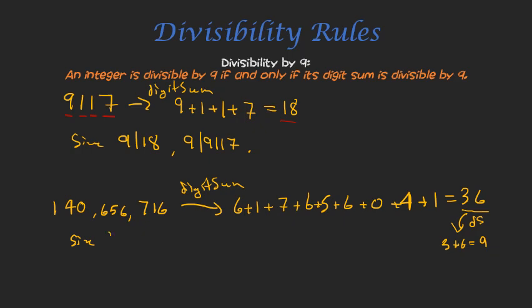And so since 9 divides 9, that one's obvious, 9 divides 36, hence 9 divides 140,656,716. So that's how it works. We can keep doing digit sums and keep concluding like that. 9 divides 9, 9 divides 36, 9 divides this whole thing.